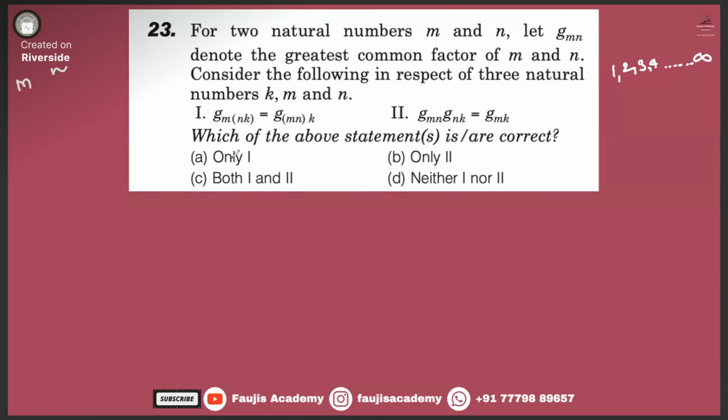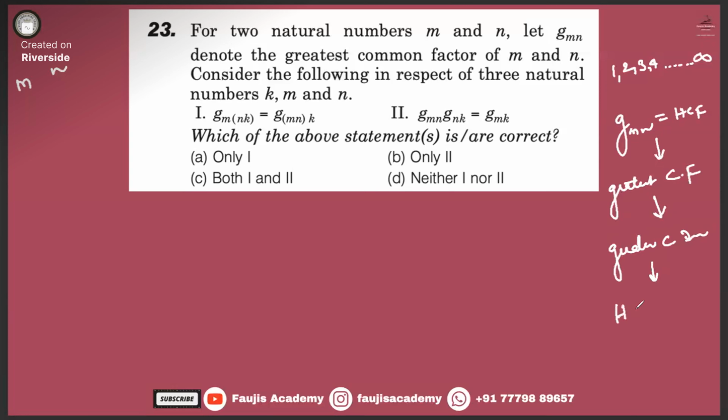Which of the statements is or are correct? Writing g of m and n is nothing but HCF. Greatest common factor, or greatest common divisor, or highest common factor. It's all the same, right?